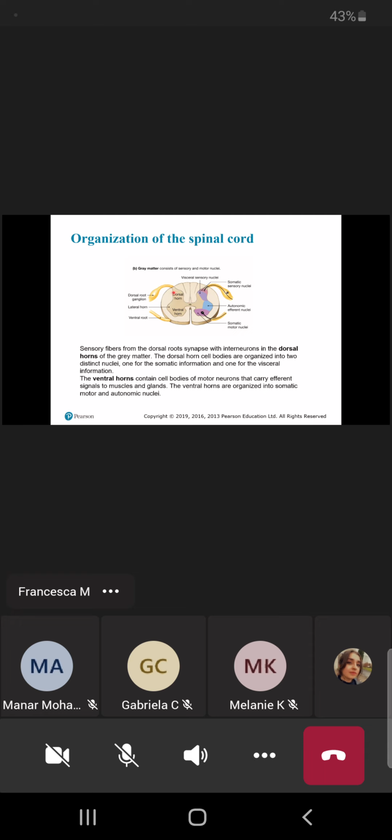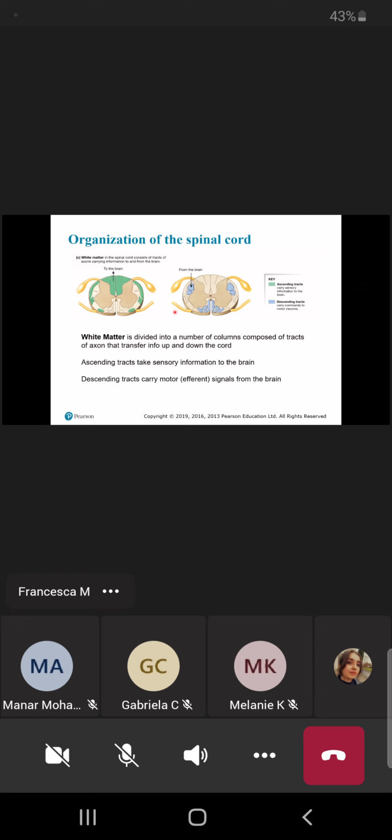For what concerns the gray matter, that is this internal portion that has this particular shape, usually called the butterfly shape. All this gray matter is basically surrounded by white matter, so it is surrounded by axons, by myelinated structures.